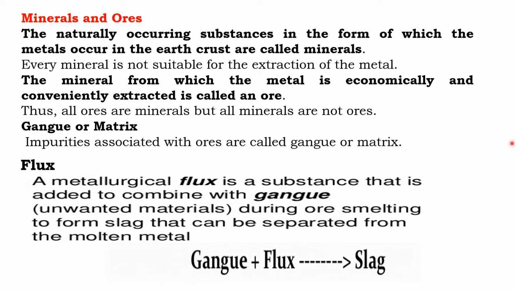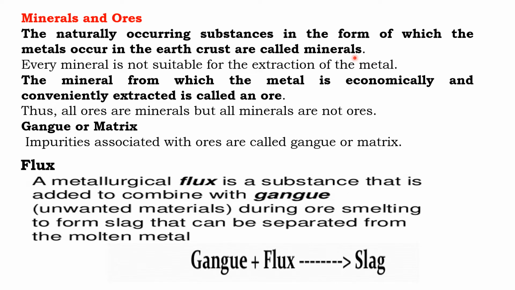Now see these terms: minerals and ores. The naturally occurring substances in the form of which the metal occurs in the earth crust are called minerals. Majority of the metals combine with oxygen, carbon dioxide, water, and exist as carbonates, oxides or hydroxides.